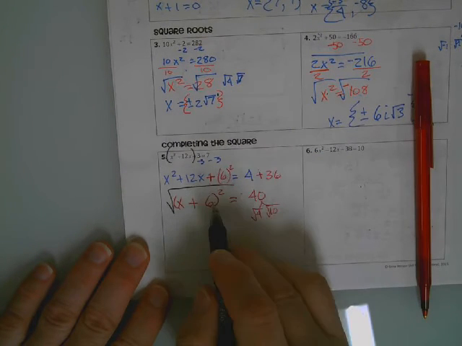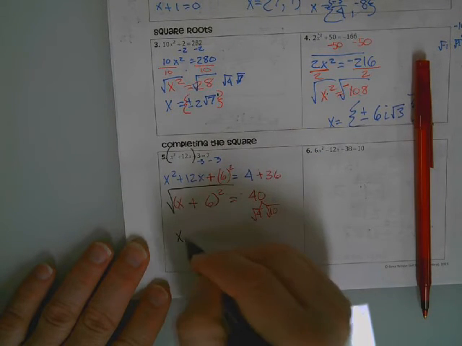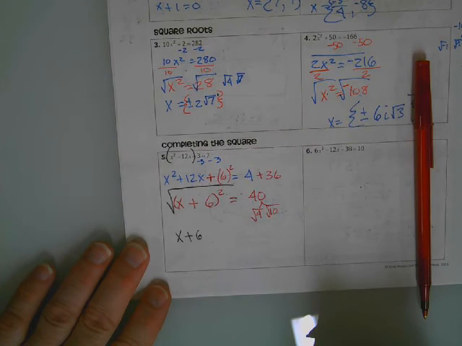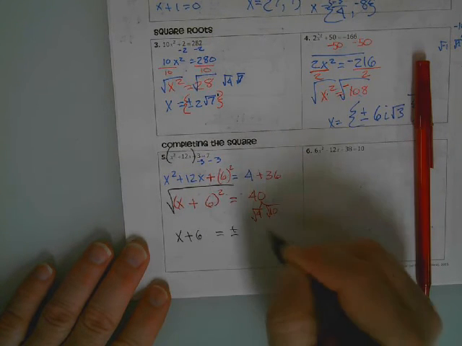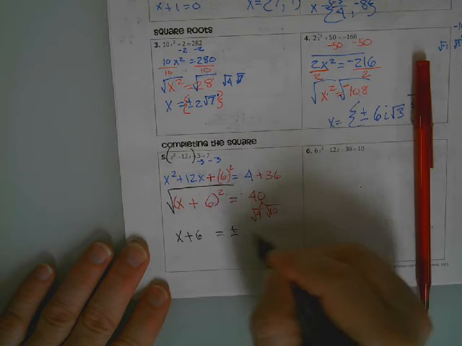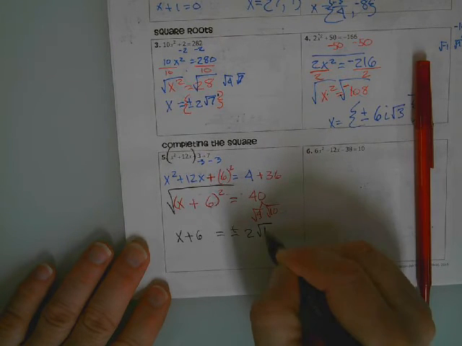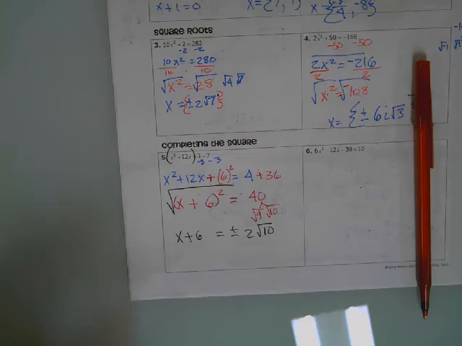If I take the square root of this side, the square root of x plus 6 squared is just x plus 6. And that's equal to positive or negative square root of 4, which is 2. We don't have the square root of 10, and it will not factor anymore into anything that has a perfect square root.